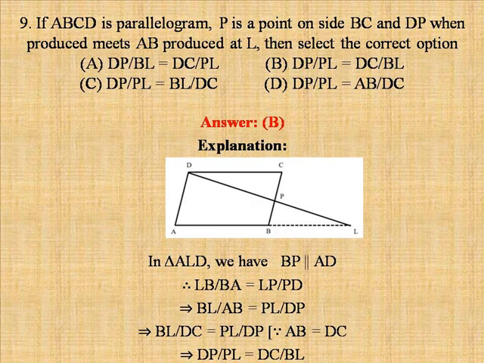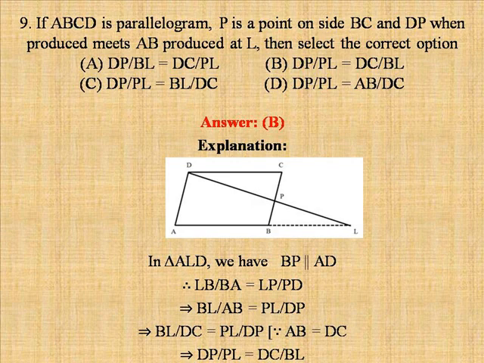You can see the figure. In that figure you can see in triangle ALD we have BP parallel to AD. Therefore LB by BA equals to LP by PD. So BL by AB equals to PL by DP, just changing the order of it.